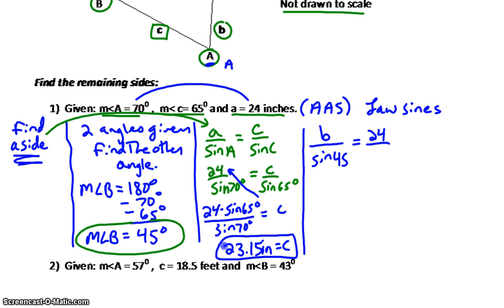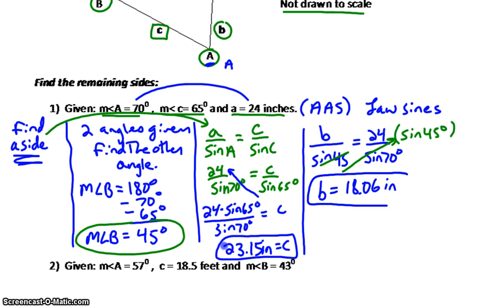So I get this, and I have sine of 70 degrees. Once again, I'll cross multiply, meaning I'm taking sine of 45 degrees times 24 and dividing it by sine 70. If you do that, you'll end up with B equals 18.06 inches. And we found our three unknowns.